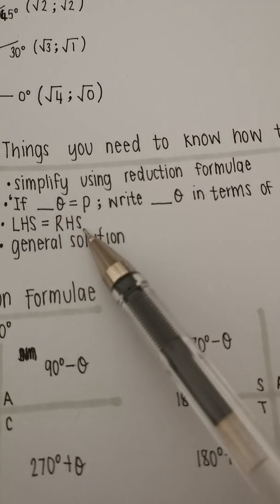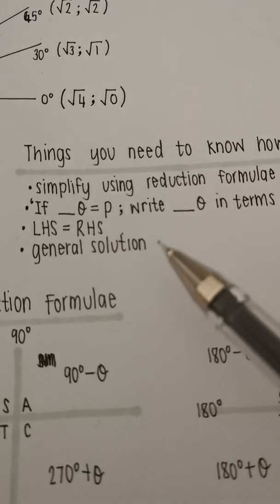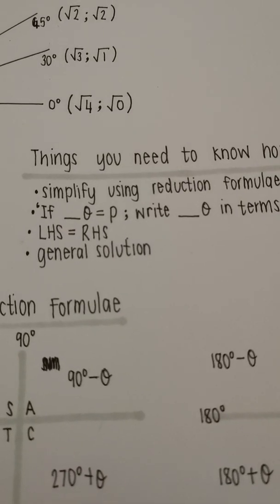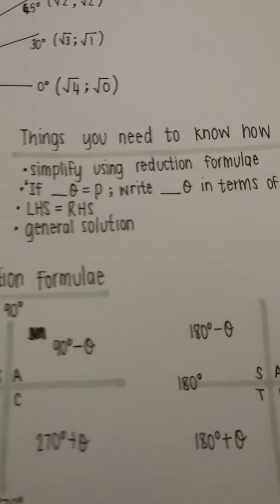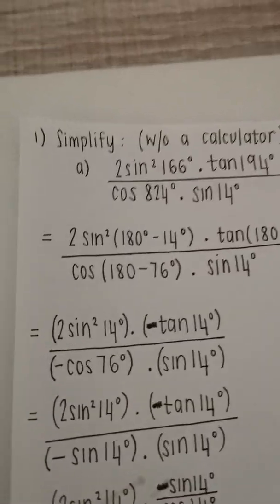Then you need to know how to simplify, prove identities, so your left hand side equals right hand side, and you need to know how to work with your general solution. And that's exactly what this video is going to show you, all of those things. Let's get into it.